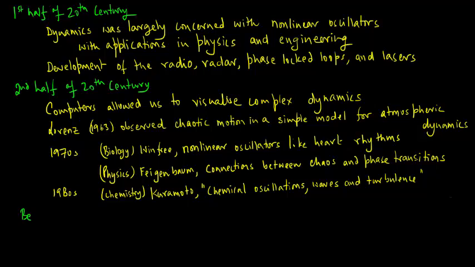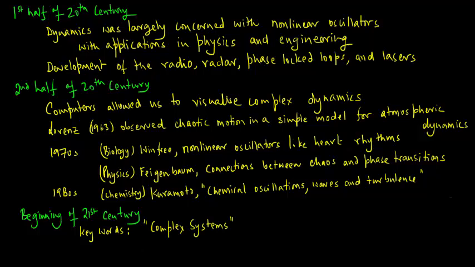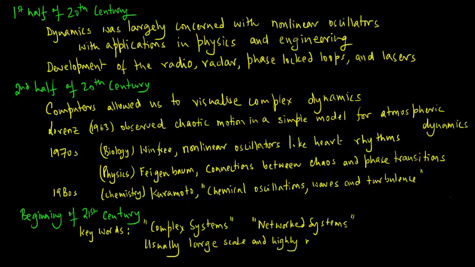Now, moving on to the beginning of the 21st century, the key words that one often hears are complex systems and networked systems. Now, usually such systems are large-scale and highly nonlinear, and there are applications all over science and engineering.